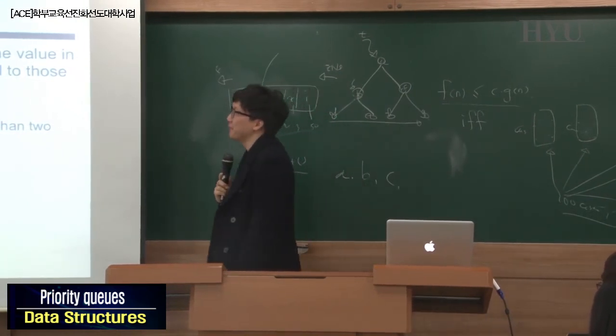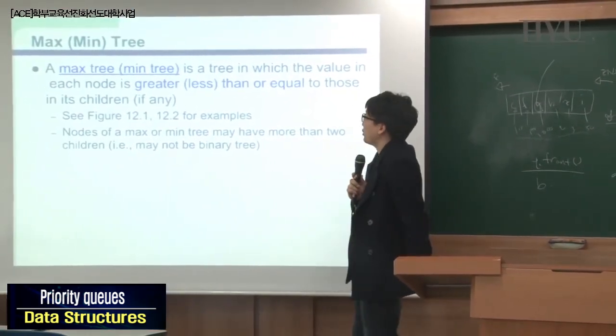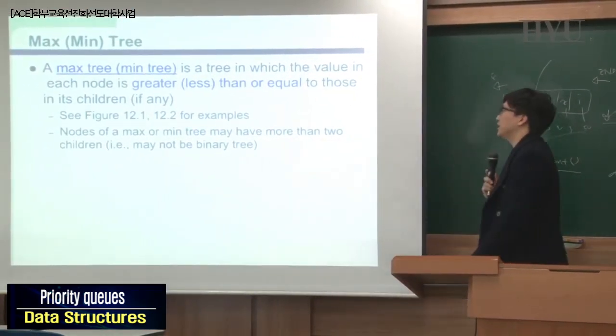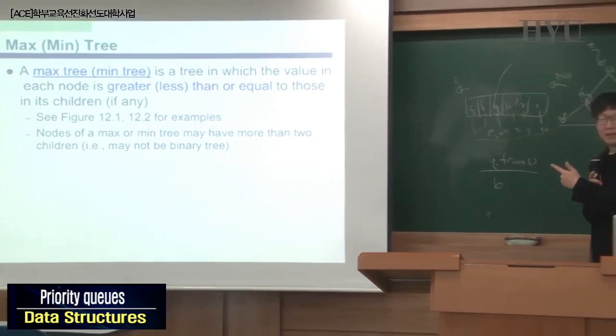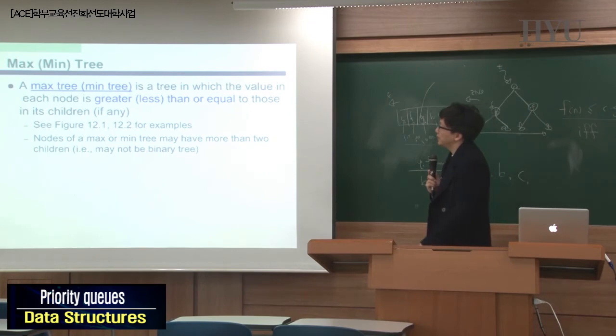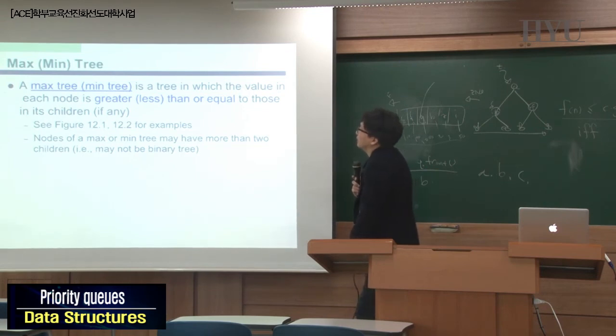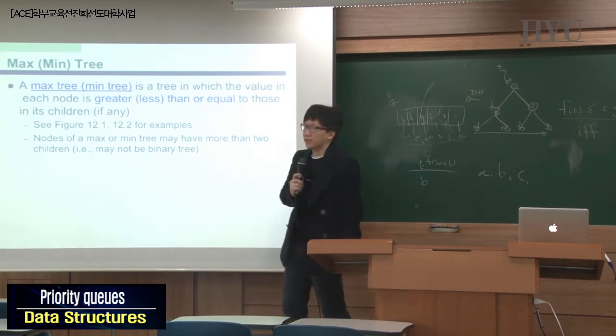Max tree and min tree. A max tree is a tree in which the value in each node, we are taking a look at a heap now, is greater than or equal to those in its children, if any. Min tree, exact opposite.